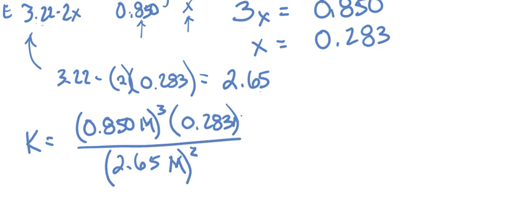There's an M in there too. Looking at the molarities, we have 4 on top and 2 on the bottom, so we'll have molarity squared, and then whatever our values are. I'm going to square that on the bottom since I have it in my calculator, take the inverse of that, and multiply it by 0.85 cubed times 0.283.